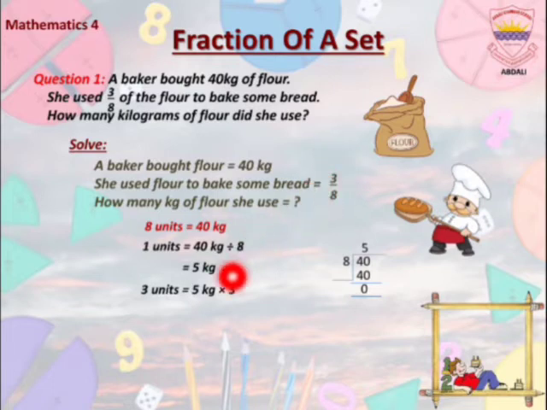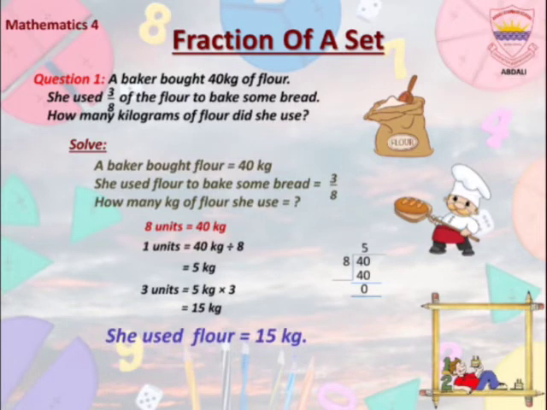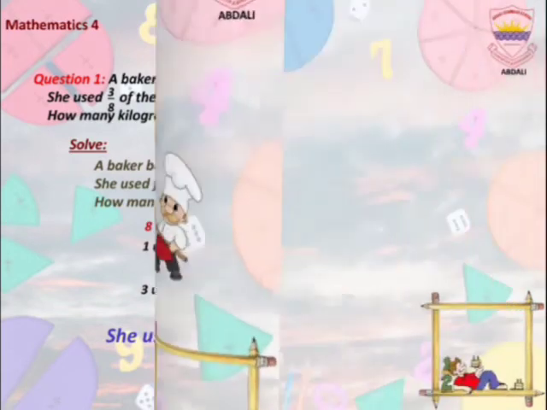When we multiply 3 by 5, we get our answer 15 kg. She used flour is equals to 15 kg.